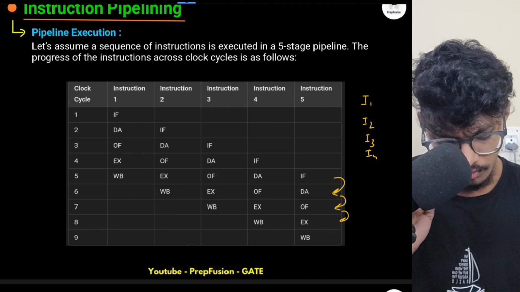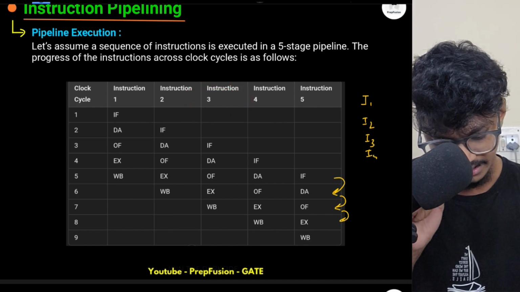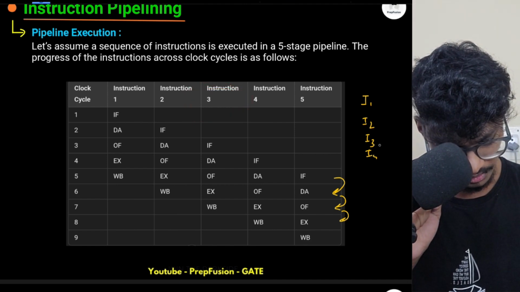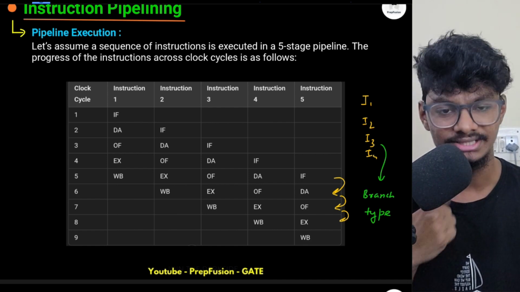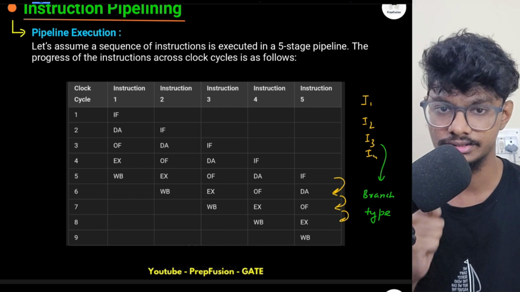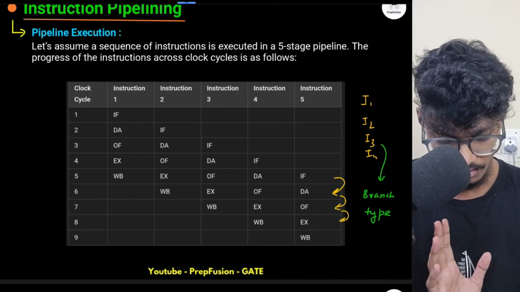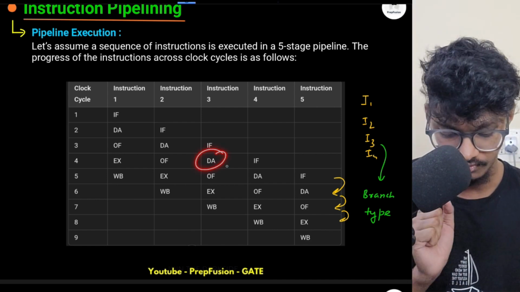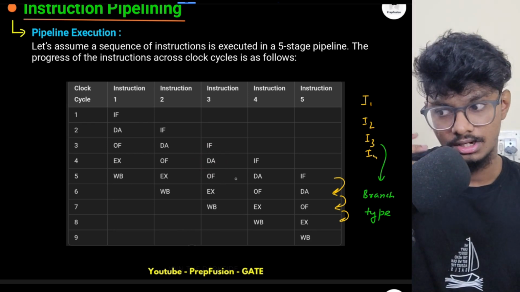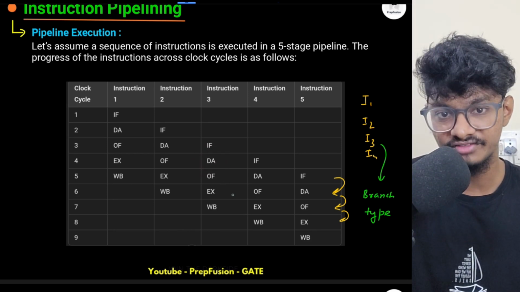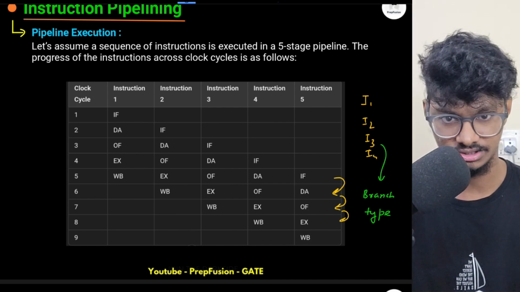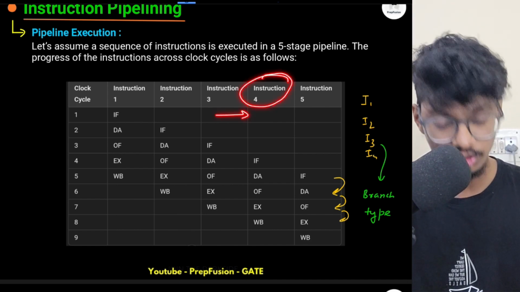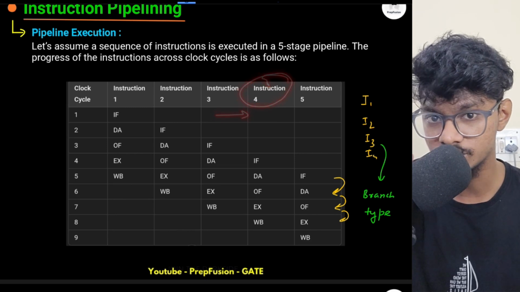Now, what if I tell you I3 is a branch type instruction? What is a branch type instruction? Once I get to I3, it will check some condition, and if that condition is true, it will branch to a new instruction. It should not execute I4.